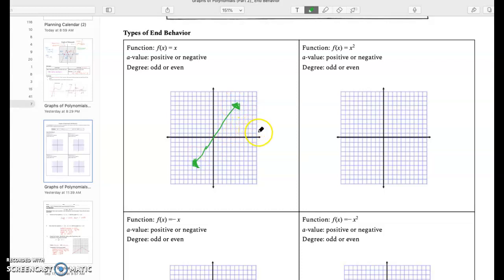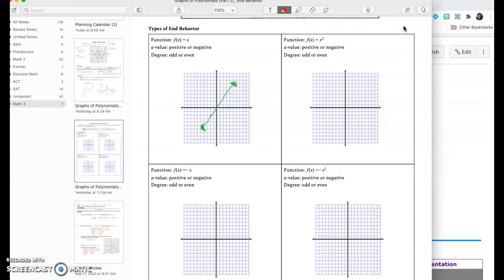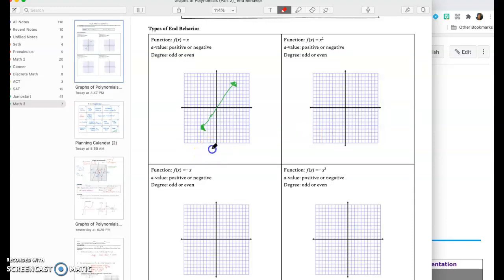Now, the thing that's going to be a little different about end behavior that we're not used to is that we don't read the graph left to right for end behavior. When we talked about increasing and decreasing, we read the graph left to right. But for end behavior, we read from the middle of the graph out. So this side would be negative infinity, and this side would be going to positive infinity.